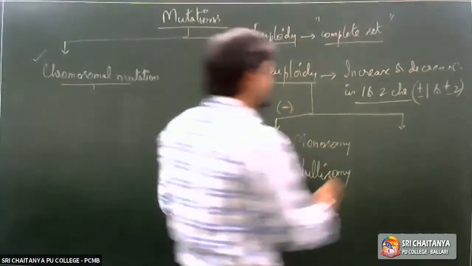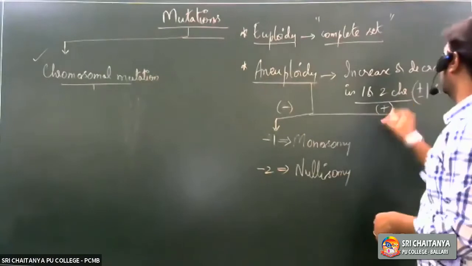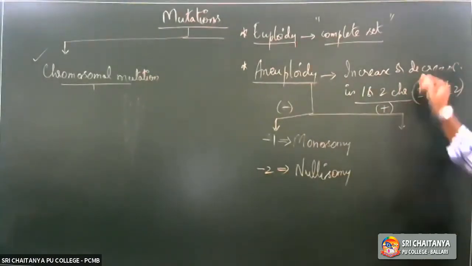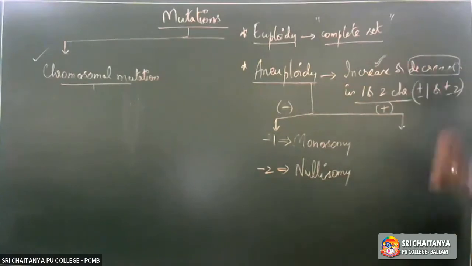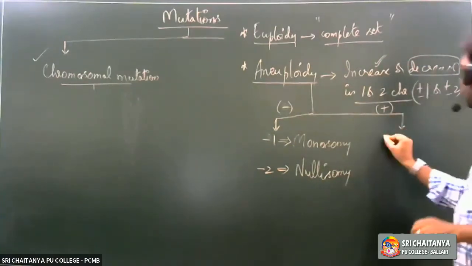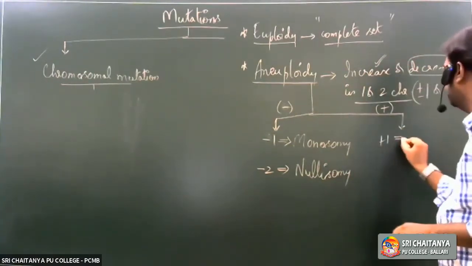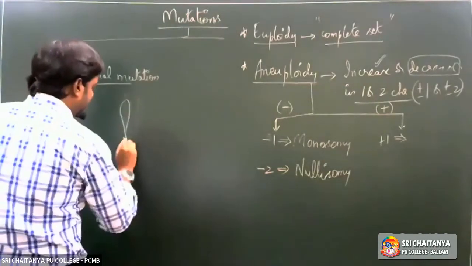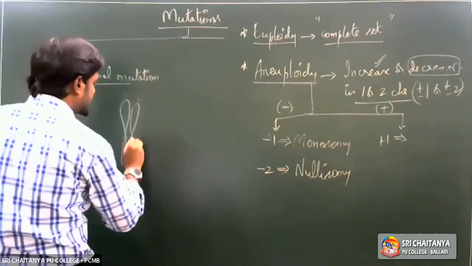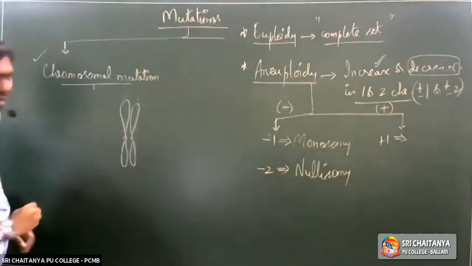On the other side, when there are extra chromosomes added, so we are done with the decrease in chromosome number. Now let's take up the increase in chromosome number. So if there is +1 added, again let us take up the same conditions. So we have a diploid chromosome here. Now this is the normal condition.